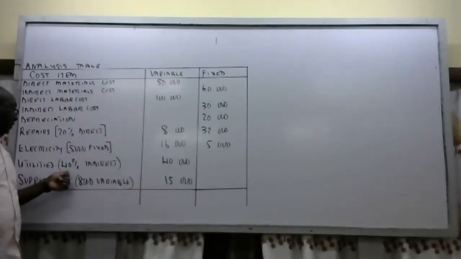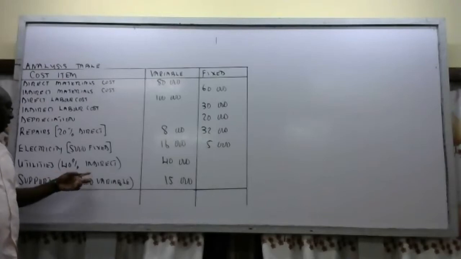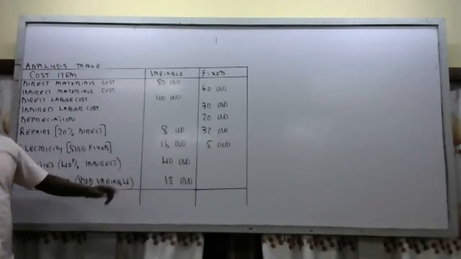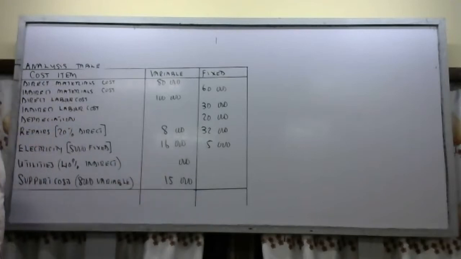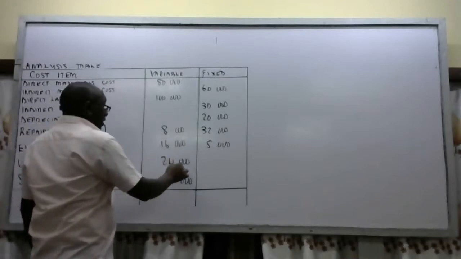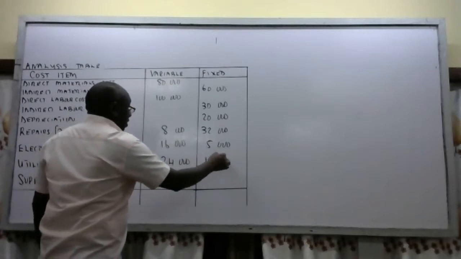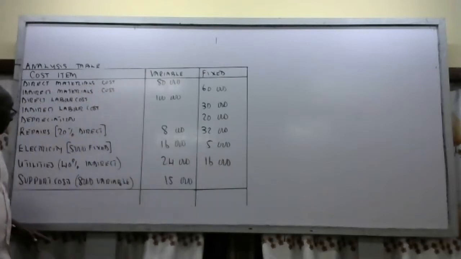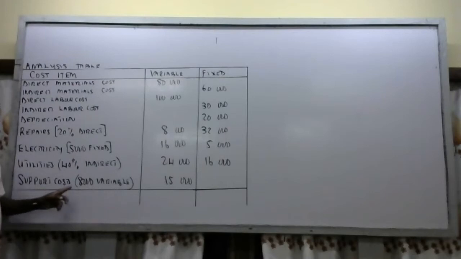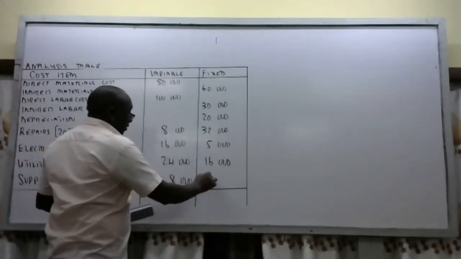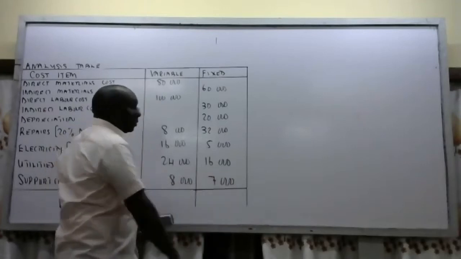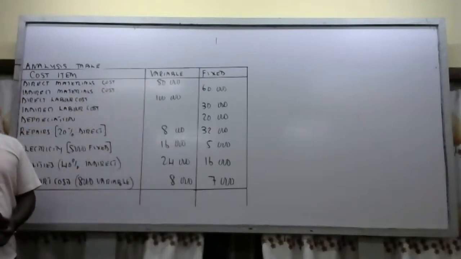Then for utilities, give me 60%. That is variable. 60% of 40,000 is 24. So that means the fixed one is what? Yeah, 16. And then for the support cost, 8,000 is variable. So that means the fixed one must be what? Yeah, it is as simple as that.